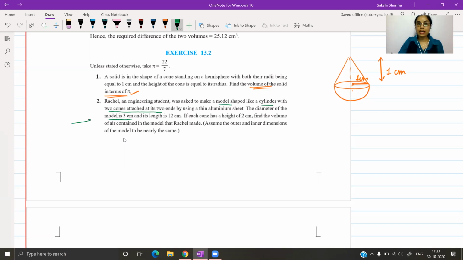So this will be the diameter for both the shapes, the cylindrical part and the conical part. Length is 12 centimeters. This is the length of the whole model. If each cone has height 2 centimeters, find the volume of the air contained in the model that the student has made, assuming that the outer and inner dimensions of the model to be nearly the same.